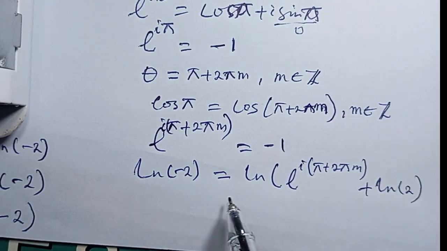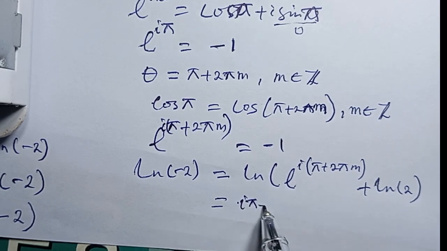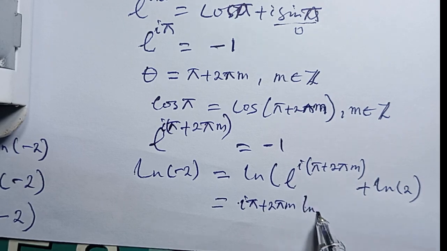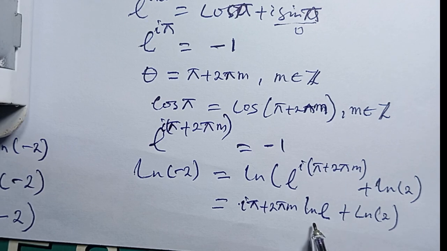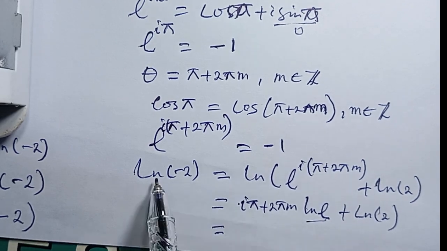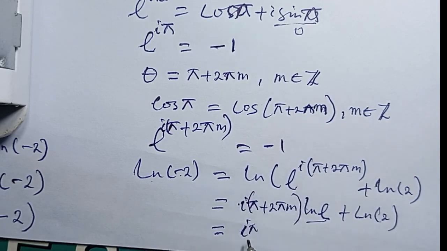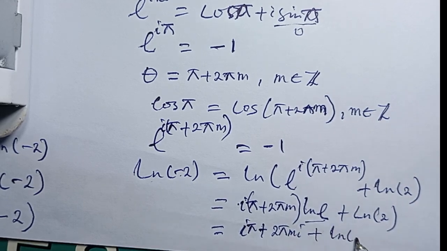Simplifying further, I have i times pi plus 2 pi m multiplied by the natural log of e, plus the natural log of 2. The natural log of e is equal to 1, and this is in brackets, so I have i pi plus 2 pi m i, plus the natural log of 2.